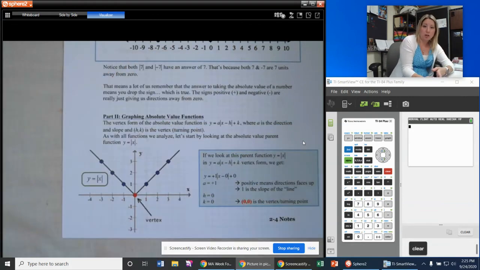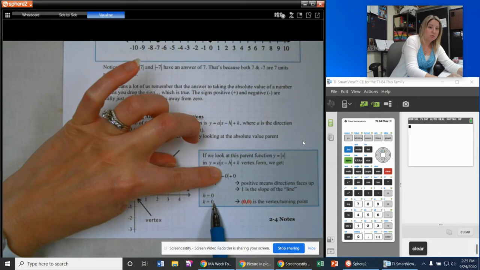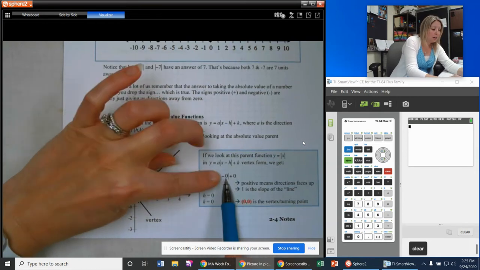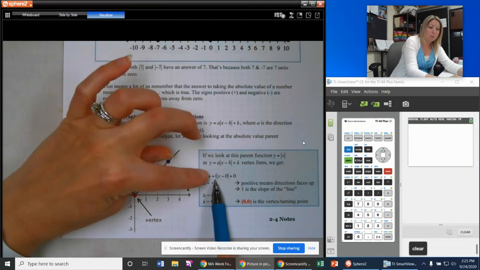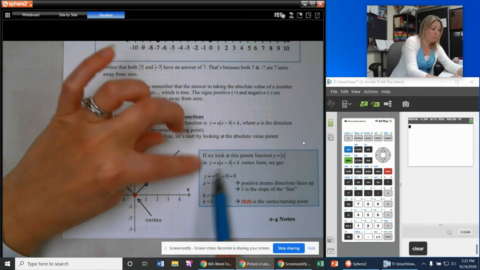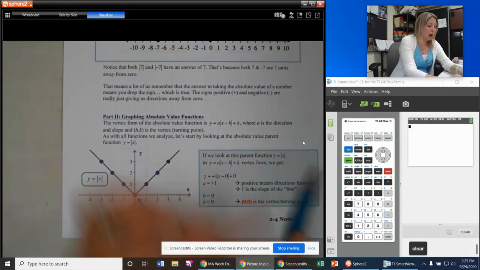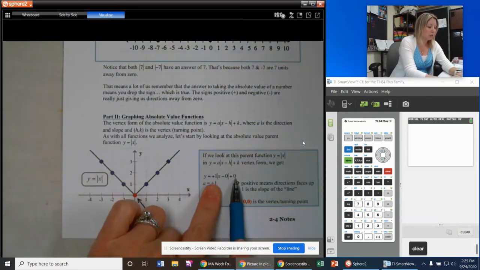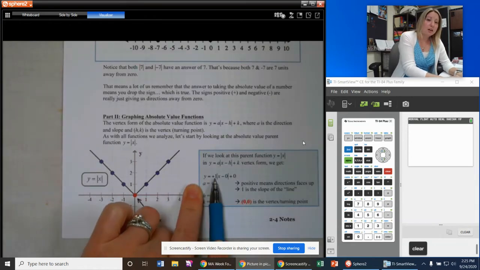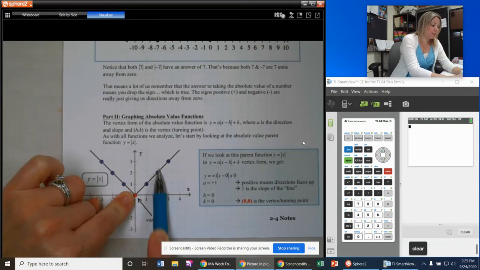So what does that look like? Right now, if I just take this form and plug in the zeros and the 1 where the a is, and so expand out my basic absolute value function of y equals the absolute value of x, I can see that my vertex is 0, 0, and my slope is 1. And since it's positive 1, it's going this direction.